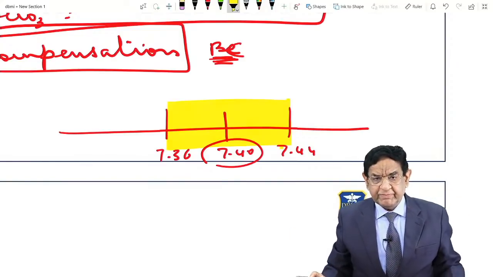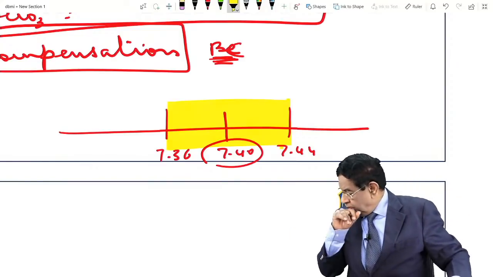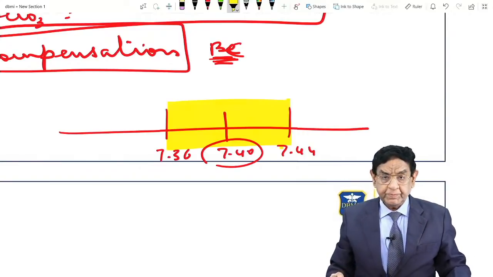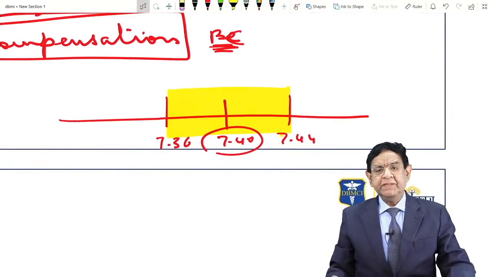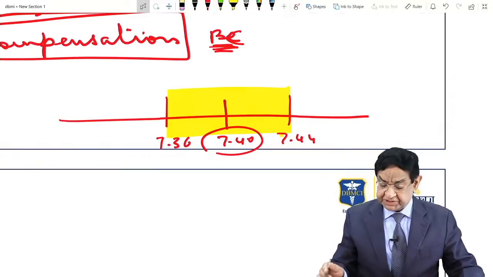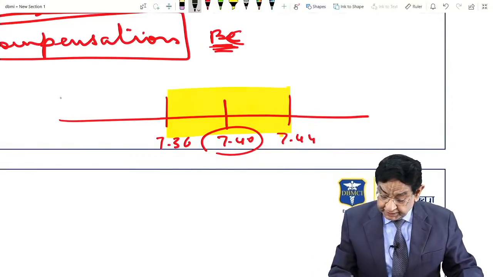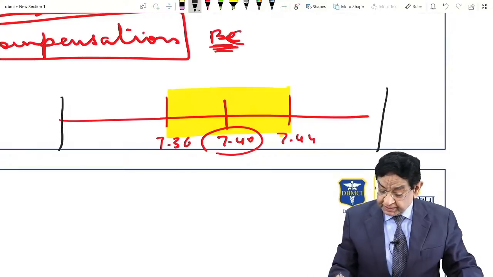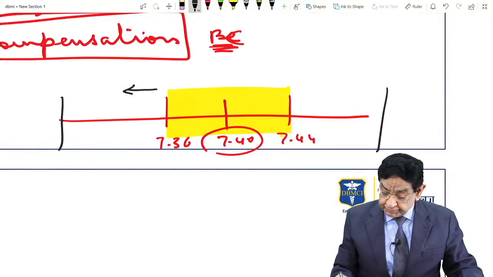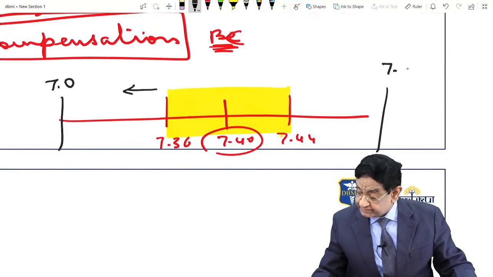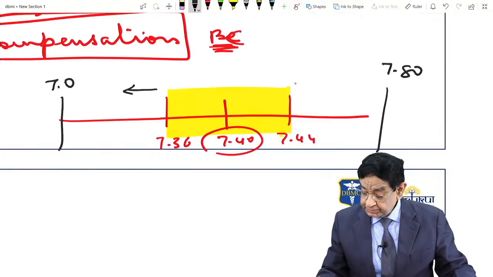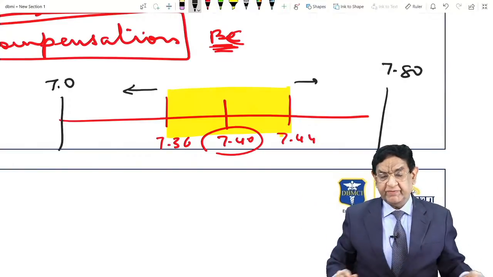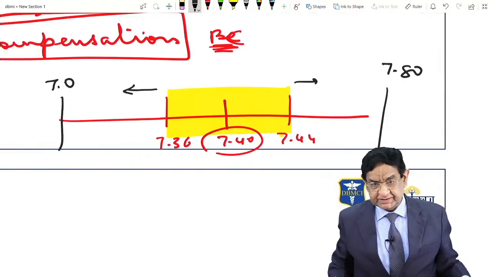So we have a comfortable area in which the pH moves perfectly all right. But there are so many diseases where the pH is disturbed, so it can go down, maybe 7.0, or up, 7.80. So pH can go either way due to so many diseases.